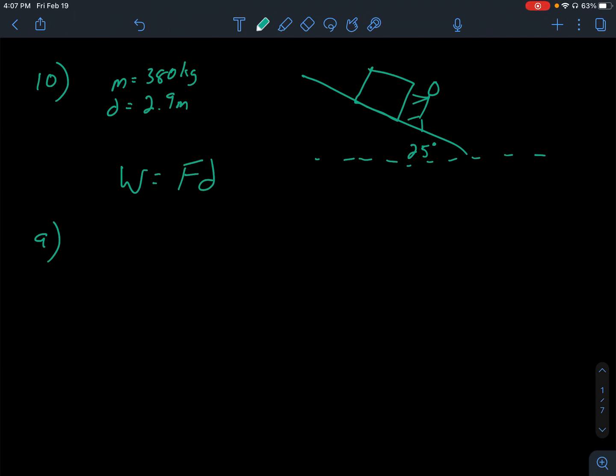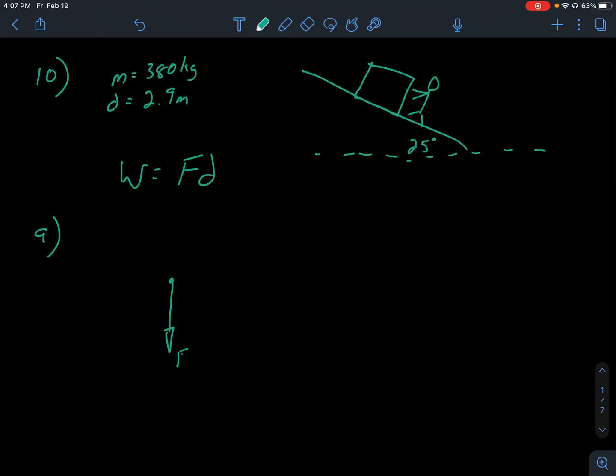We can look at it two ways. We can look at it as drawing a force diagram of the man or the force diagram on the piano. I'm going to pick to draw the force diagram of the forces on the piano. That way, my applied force going up the incline is going to be the force from the man.